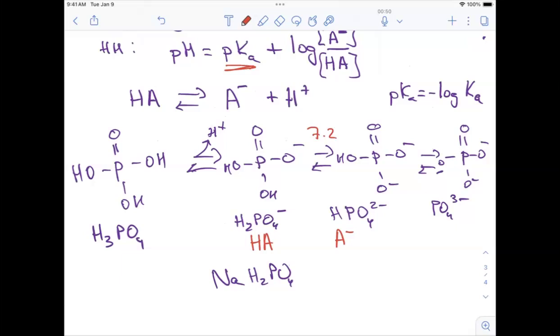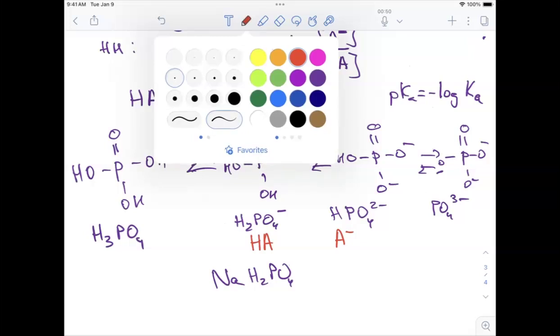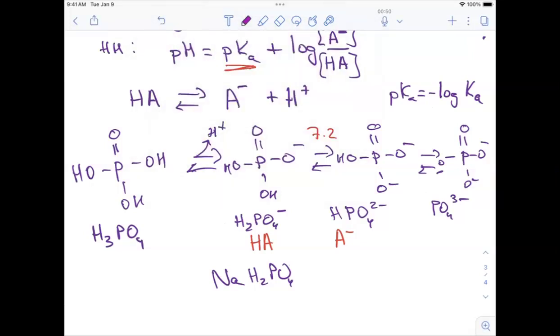If you start, on the other hand, with phosphoric acid and monobasic phosphate, then phosphoric acid is HA, the monobasic phosphate is A minus, and the first pKa, which is 2 point something, I don't remember now, is the pKa you would use in your calculation, okay?